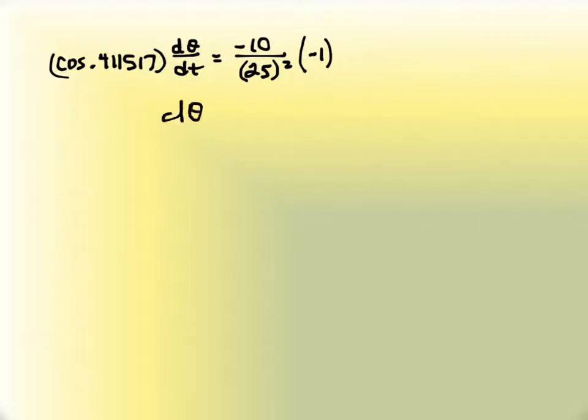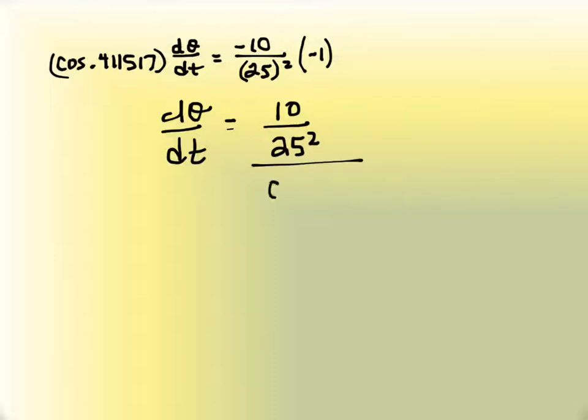All right, so we've got our dθ/dt. This would have actually been the same as having 10 over 25 squared, and then all of that divided by the cosine of 0.411517.